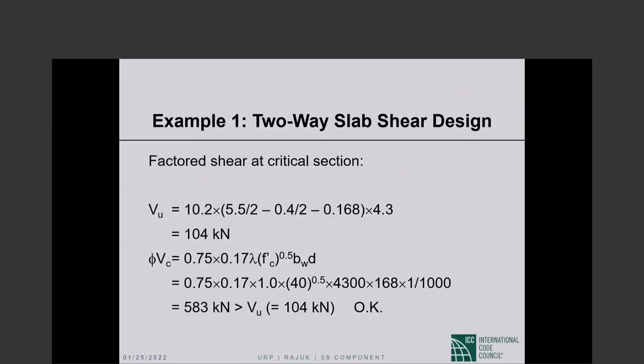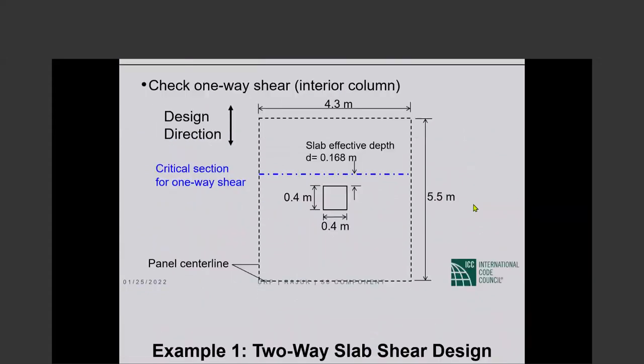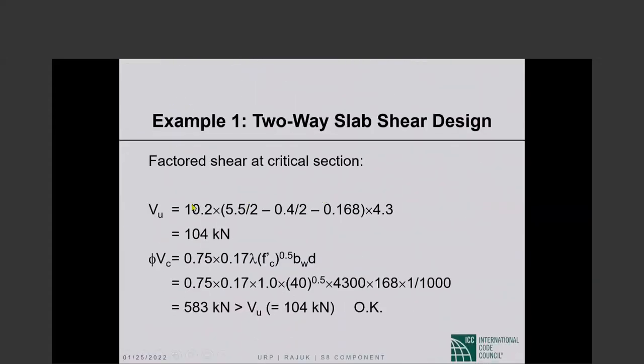The one-way shear is the entire load that sits on this portion of the slab from the critical section to the panel center line. So that's what we are calculating here. 10.2 is the load in kilonewton per square meter. The distance from the critical section to the edge is 5.5 meters divided by 2.